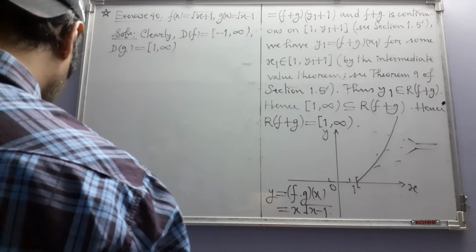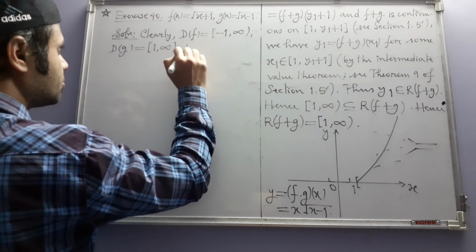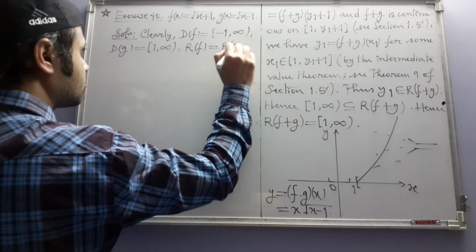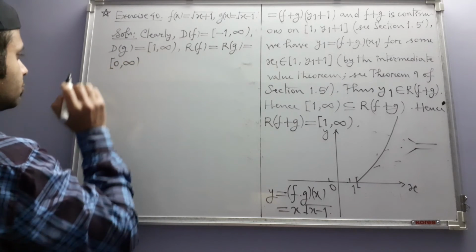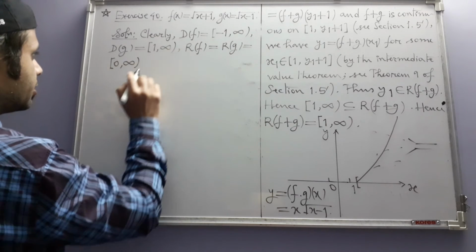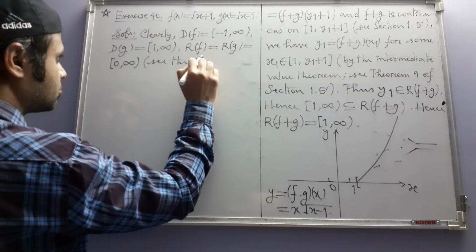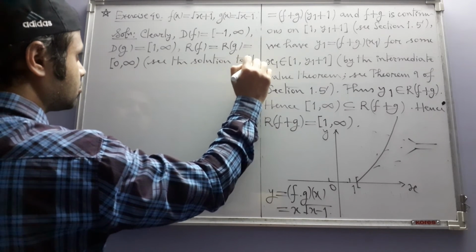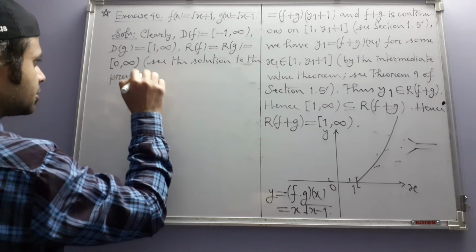Range of f and range of G will be both equal to the set of non-negative real numbers. See the solution to the previous exercise.